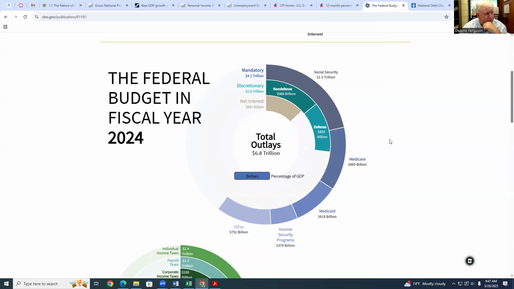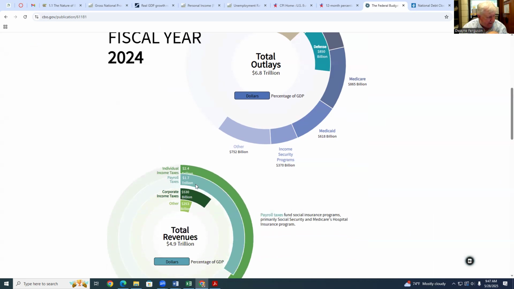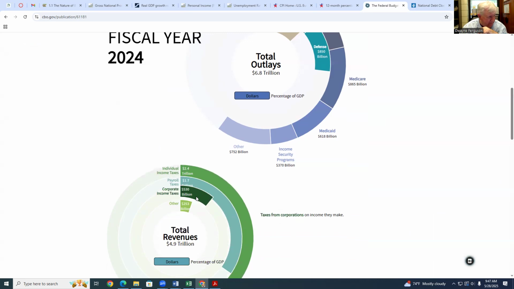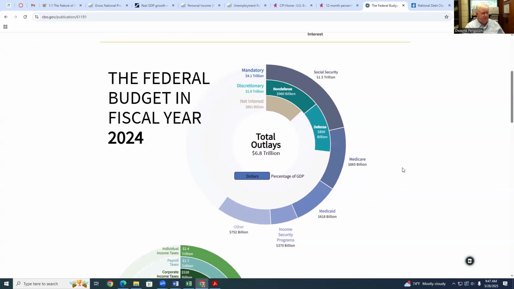So once you start putting all that together, I mean that's a lot of money. But anyway, they spend lots of money on defense and other things. Well, that's good, but look, you're only bringing in $2.4 million from taxes, payroll taxes, individual income taxes, corporate taxes. So you're not bringing in enough money to pay for yourself every year.